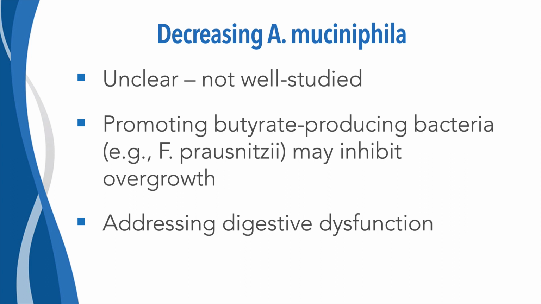That's been shown in at least a couple studies suggesting that the Clostridia group of bacteria, which is the group that contains most of the butyrate-producing bacteria, may actually keep Akkermansia from overgrowing. So we talked before about a potentially beneficial, mutual relationship between Akkermansia and certain butyrate producers, including Faecalibacterium.